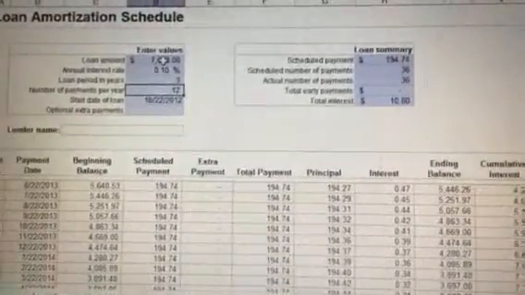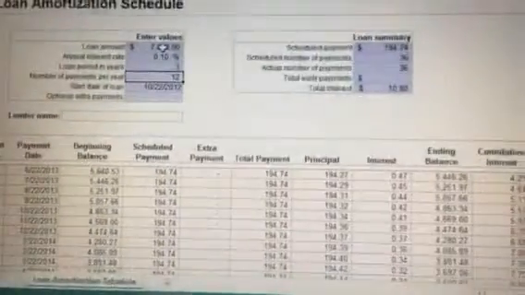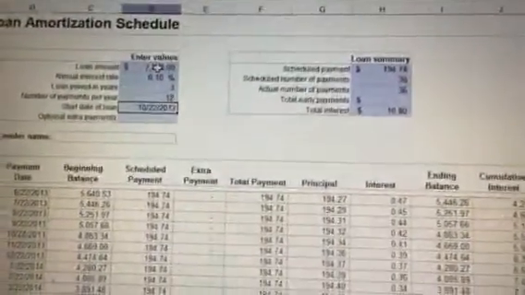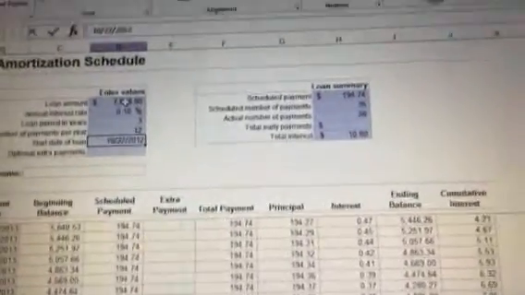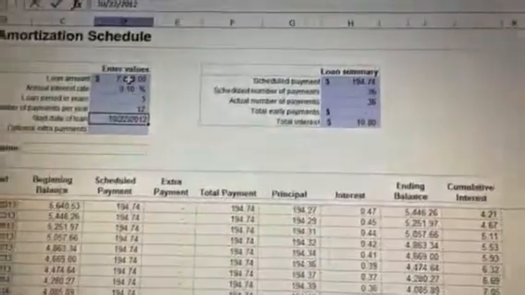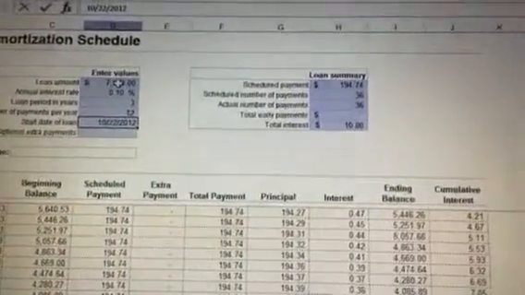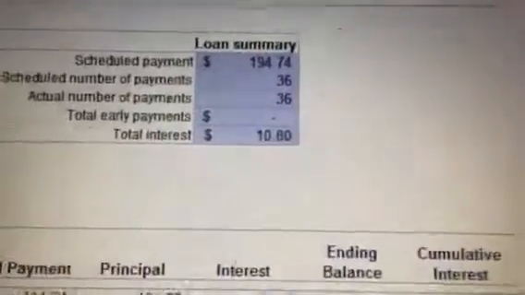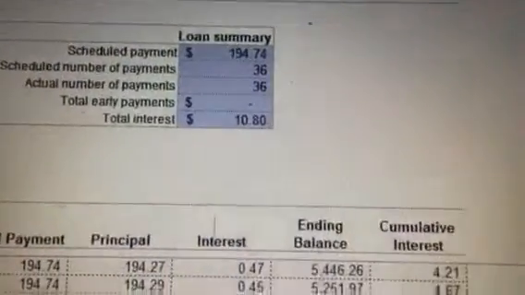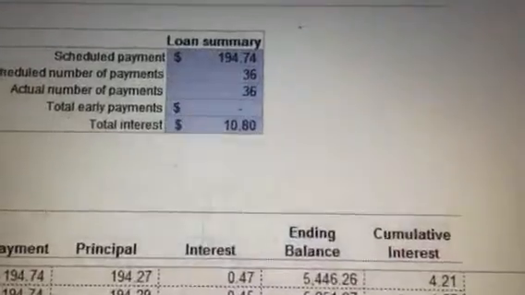The number of payments per year, again, some people do it in different ways. The start date of the loan. So we were really stupid and we kept it at this date. He'll notice. So make sure that you change it to 2015, no matter what you do. And then over here, it'll show you how much the payment's going to be, how many payments there are, and then what the interest will be.